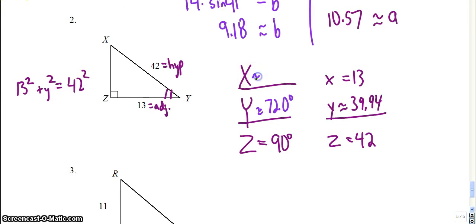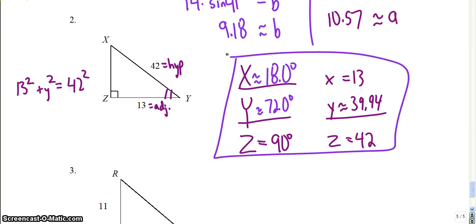And this gives us an approximate answer of 18.0 degrees, which looks like we just used the 72.0. However, in your calculator, we have 18.0305 and so forth. That is an exact number that we could use if we needed future calculations. We could have it stored in the calculator. These are our answers. This is the solution for that particular triangle.